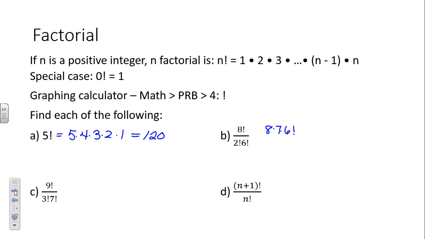So this is the 6 factorial. You're going the other way, okay? And then here's our 6 factorial again, right? And then a 2 times a 1. So these cancel, right? What's 8 divided by 2? What's 4 times 7?